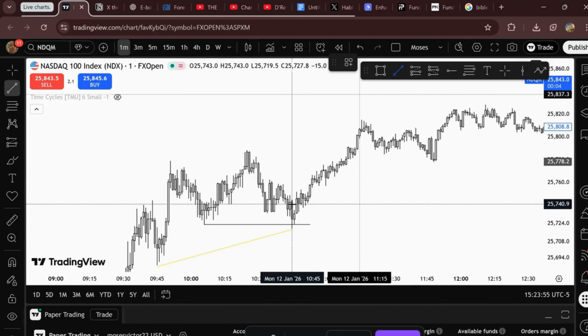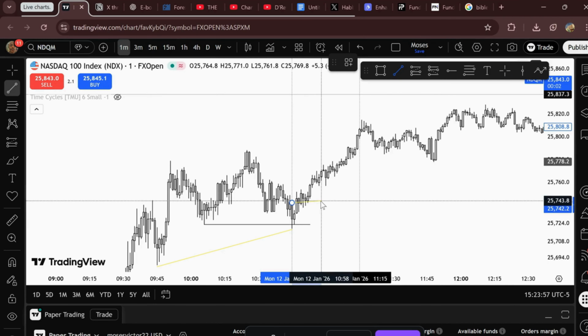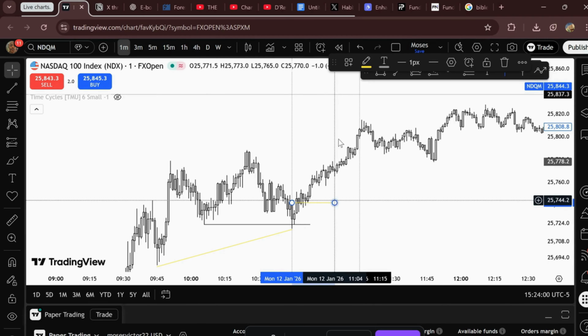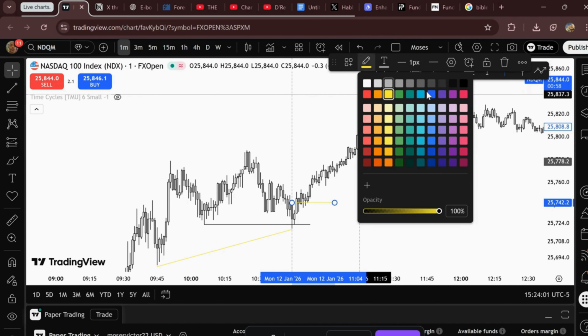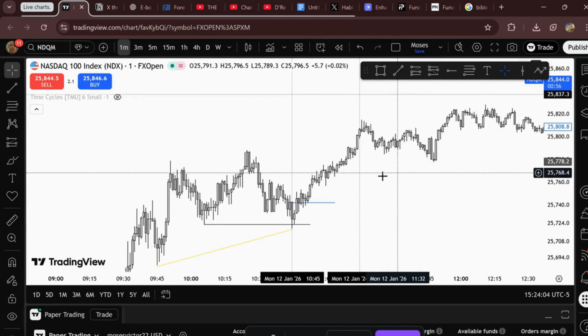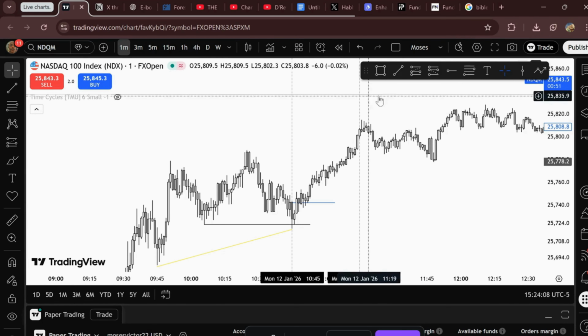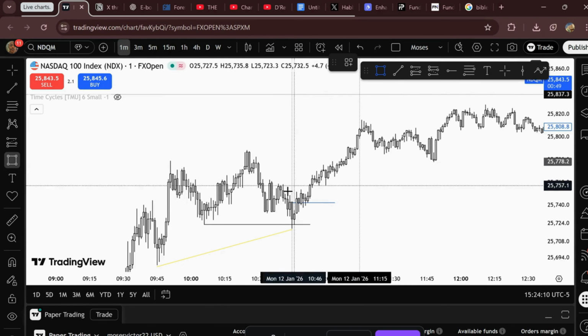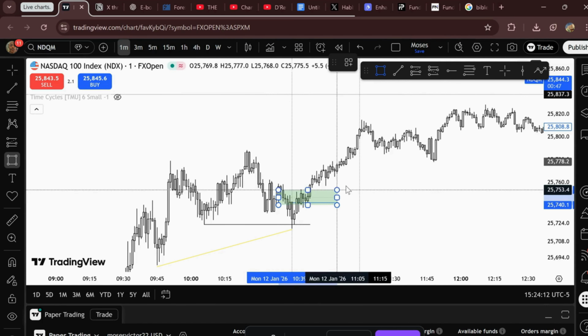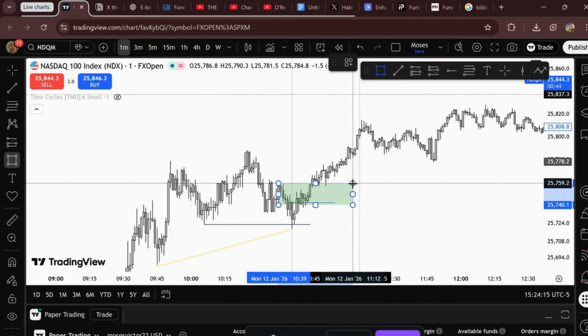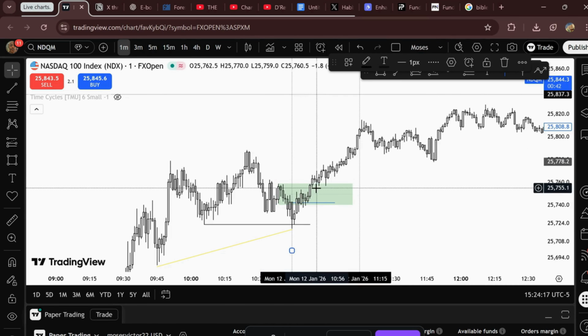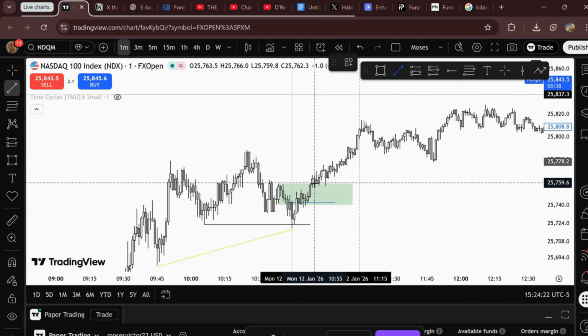And this is the first stage of reversal, the change in the state of delivery. As soon as price put in this change in the state of delivery, I waited for price to give me entry positions. And the best distribution I could see was this breaker block here, aligning with this fair value gap here. This was my entry.